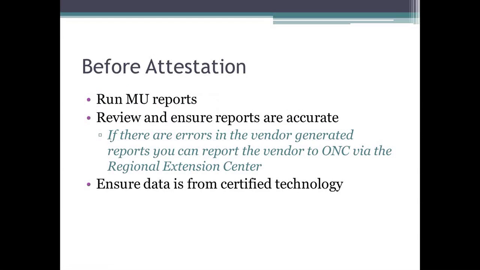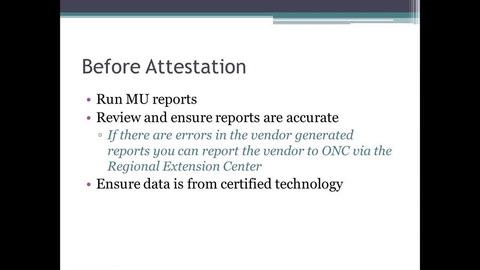If you find that reports from the vendor are not accurate, let's say the vendor has a canned report for meaningful use for every measure for each provider, and you're seeing some inaccuracies, we are able to report these vendors to the ONC via the Regional Extension Center.